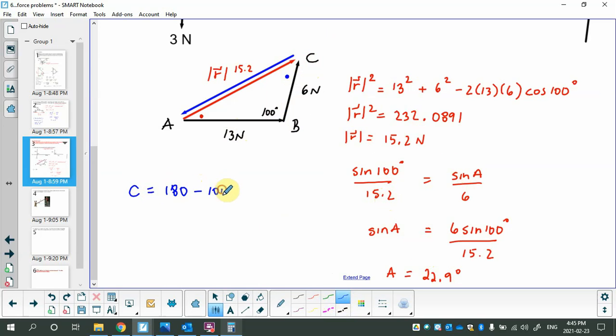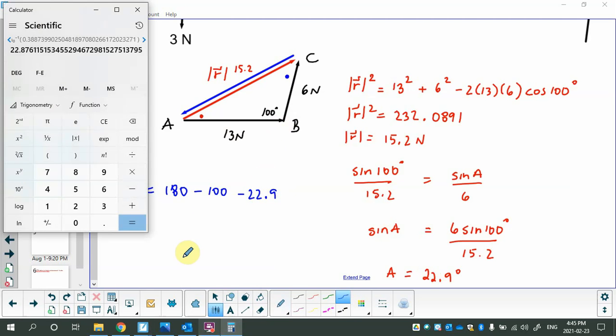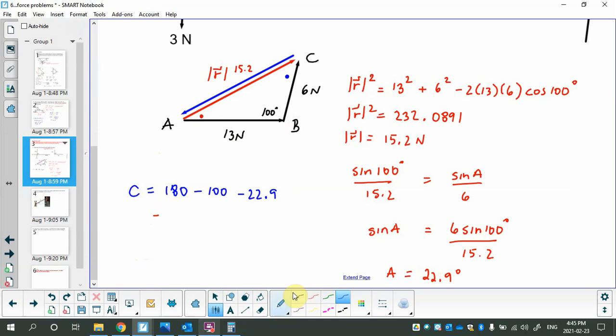So I've got 180 minus the 100 in this corner minus the 22.9 from the corner we just found. Gives me 57.1 degrees. Notice I did that in blue so I can tell that it's the equilibrant.